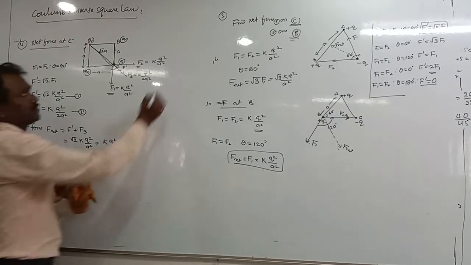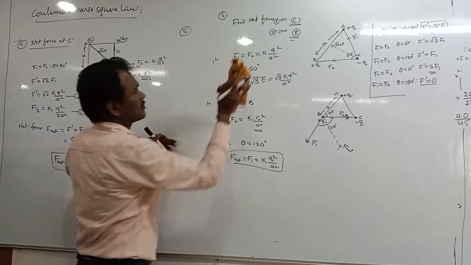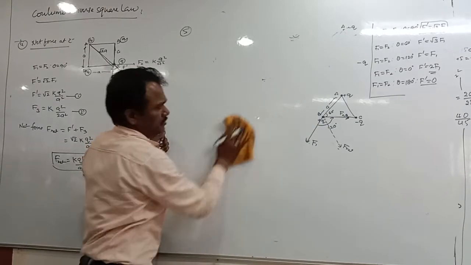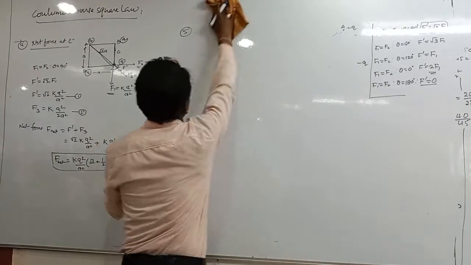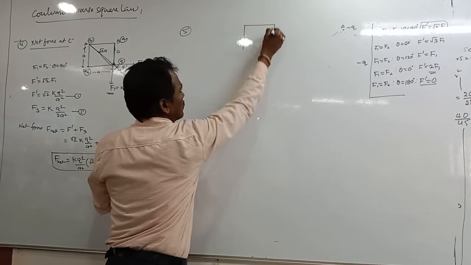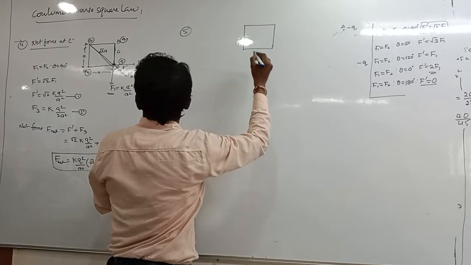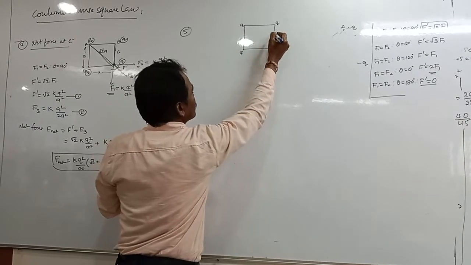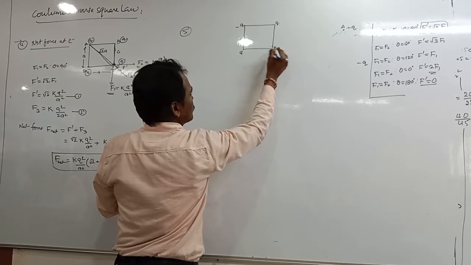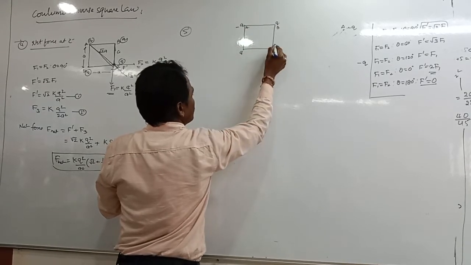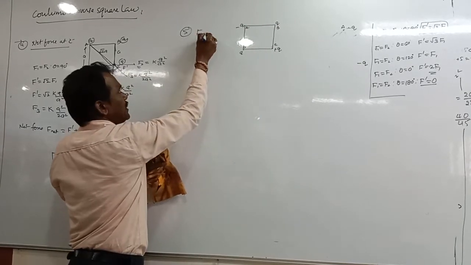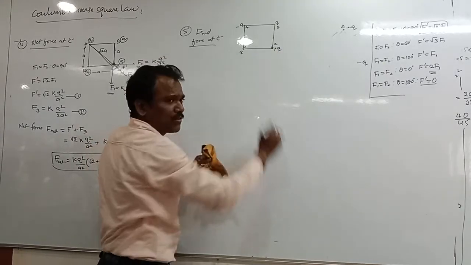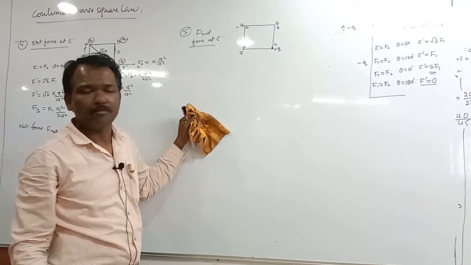And see, find here, A, B, C. So find force at C. What we can write, it is, minus will come.